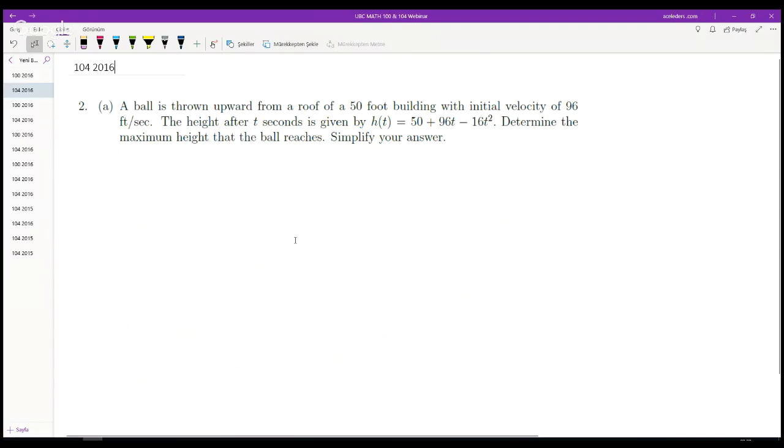The thing is, we already have the height function, 50 plus 96t minus 16t squared. So how can we find the maximum height?